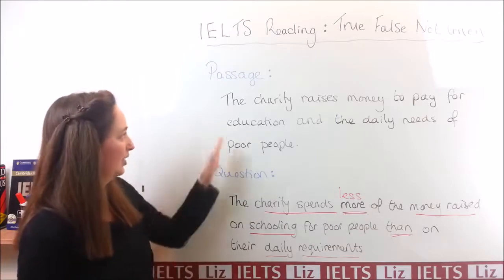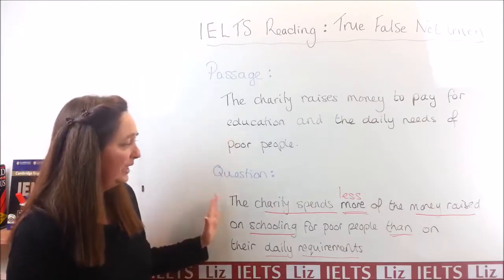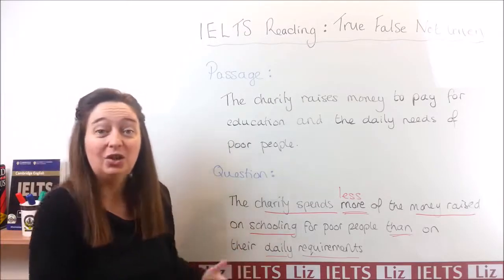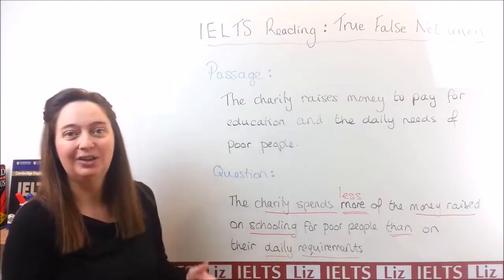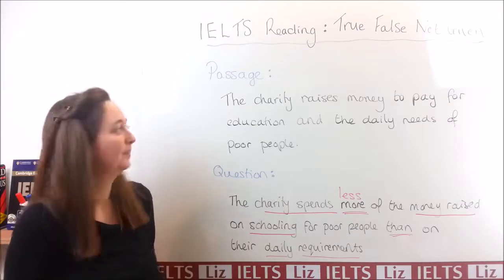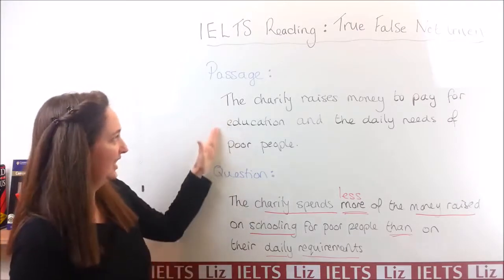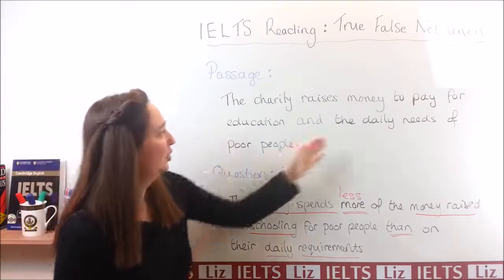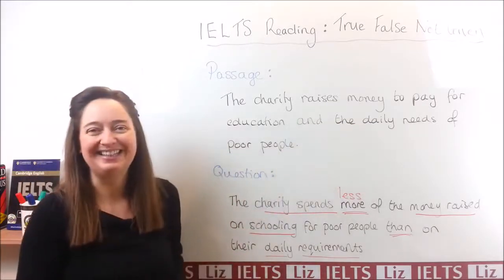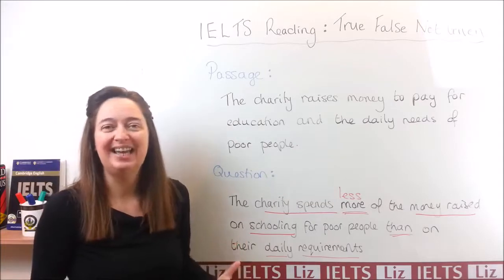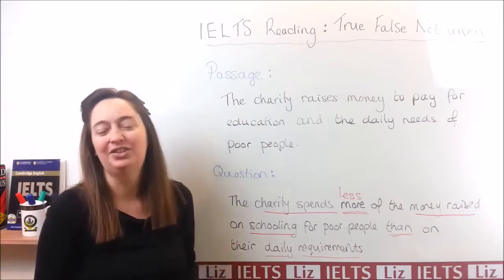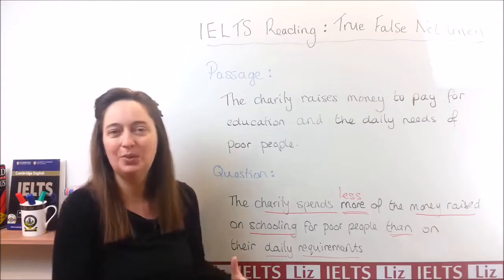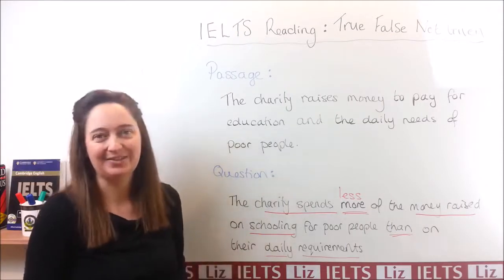So now we need to look at the statement. We need to know, does the charity spend more money on education or less money on education compared to daily needs? And if we look at this sentence, we've got information about education, we have information about daily needs, but it doesn't say which one the charity spends most of their money on. Which one is more and which one is less.